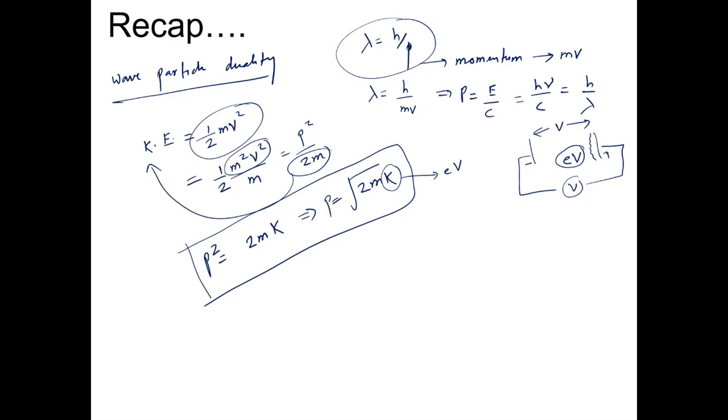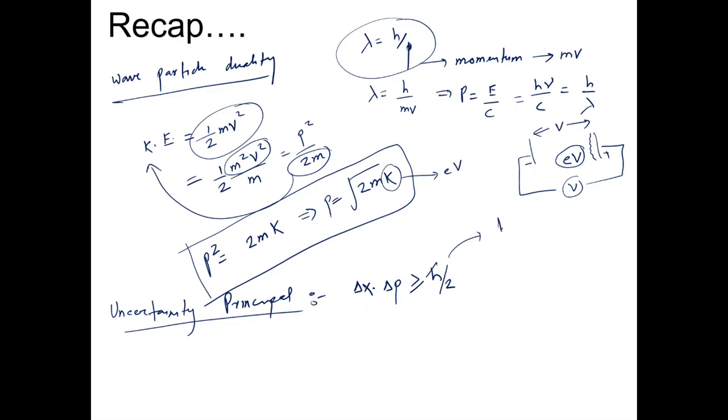Now finally we have the uncertainty principle. So what it says, you take two reciprocal entities, let's say position and momentum, and the error in measuring the position and the error in measuring the momentum will always follow this uncertainty relation, which means the product of the two errors will always be greater than or equal to h bar by 2, where h bar is h by 2 pi and h is the Planck constant.